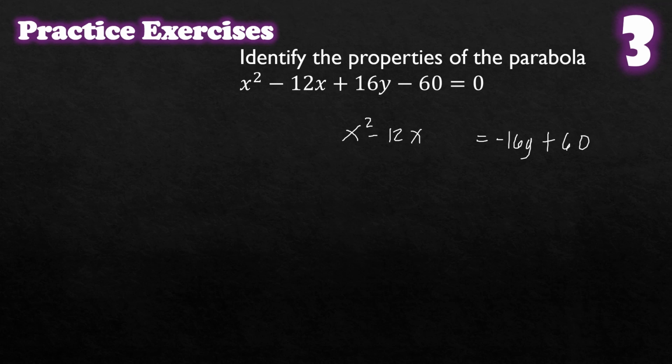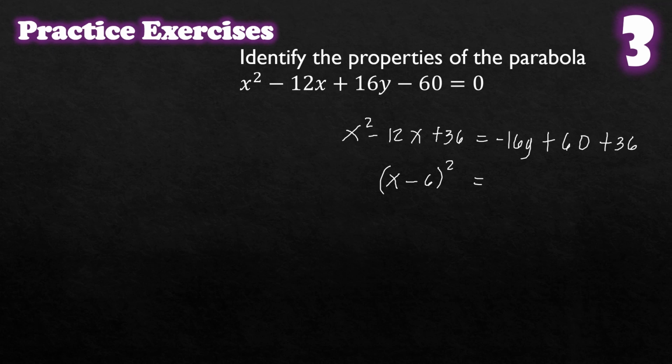Completing the square in the quadratic expression, we have -12 divided by 2, that is -6. Squared, that will be plus 36 to both sides of the equation. The left hand side can be factored as (x - 6)^2.